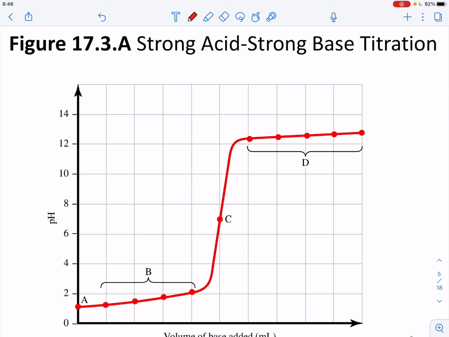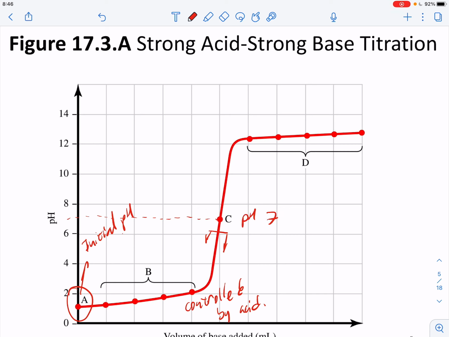We have here region A, initial pH. Region B actually extends all the way there, so that part is controlled by acid. This is the equivalence point, and the one thing that you have to keep in mind is that this is pH 7.